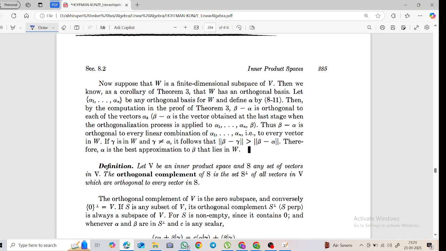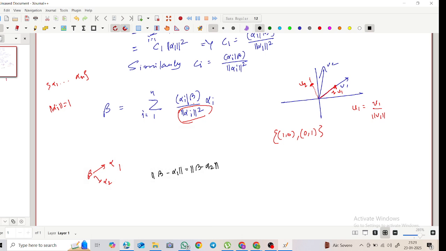But this orthogonality condition will say that, so this is one equation you will have if beta has two best approximations, and also you will have beta minus alpha 1 inner product alpha 2 is 0, right? Is equal to beta minus alpha 2 inner product alpha 1. These two are 0. Okay.